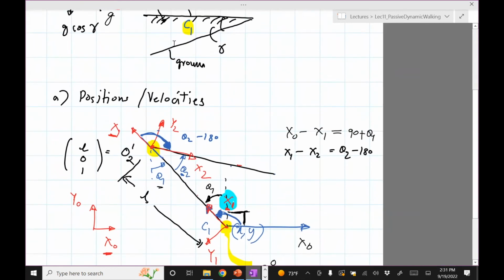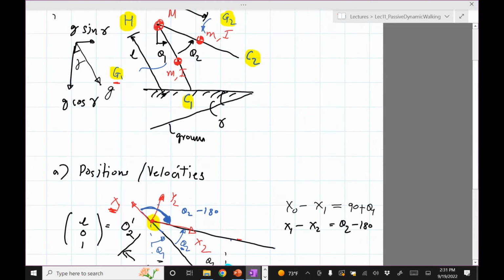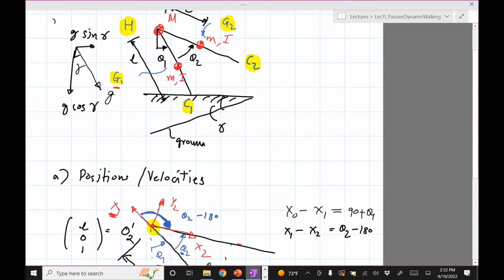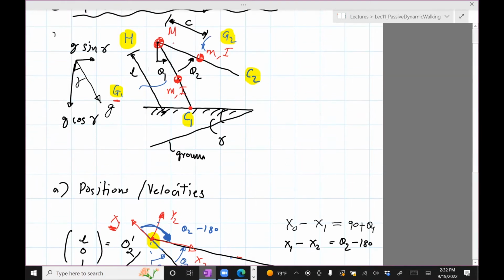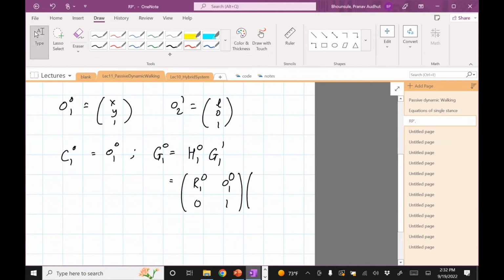Okay. And you can see that this point is along X1 axis. So it only has an X coordinate. That's the first thing. Second thing is the distance from the origin, which is right here, is going to be the length minus C. So L minus C is going to be the position of that point from the point C1 or O10. So what I need to do here is it says L1 minus C01.